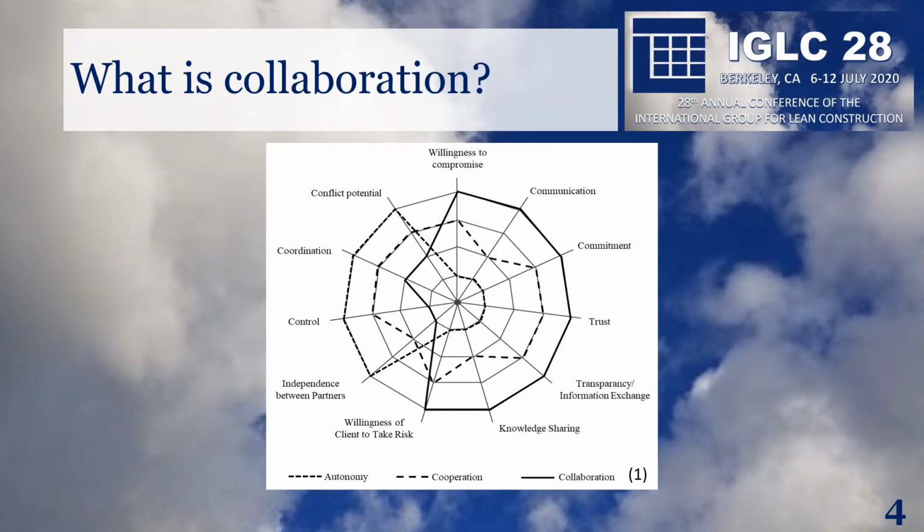So let's start. What is collaboration? In literature, the terms collaboration and cooperation are often used synonymously. But as you can see in this figure, collaboration goes far beyond cooperation.